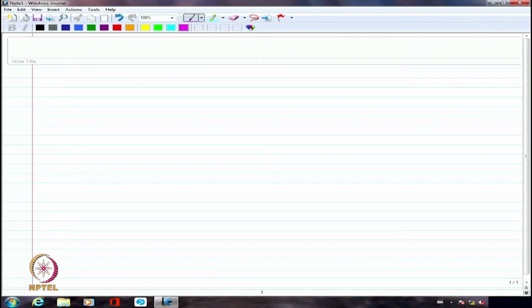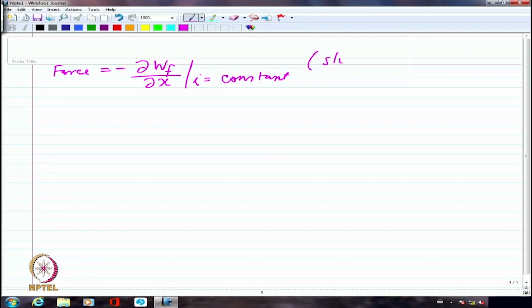So in the two cases, we derived the expression for force as, in one case, dou Wf divided by dou x, actually reduction in the field energy, with, I would say, in this particular case the movement was actually slow. So because of which we said I is constant. So we call this as the case corresponding to slow movement.